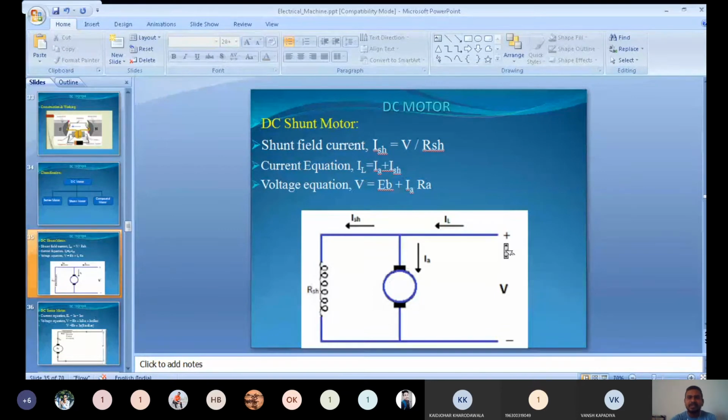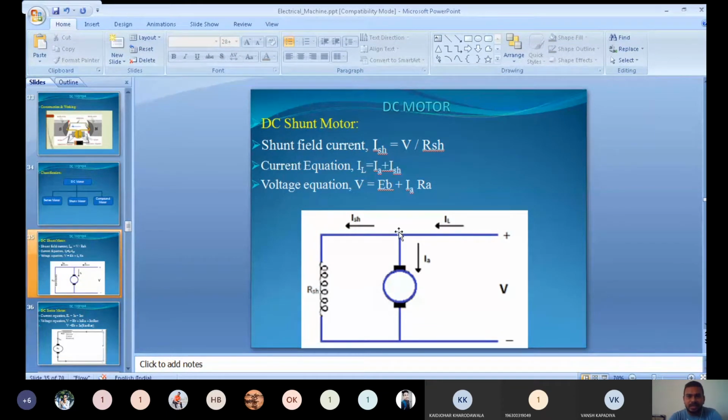Now what happens? We are giving DC supply to this DC shunt motor. As soon as the voltage is given to the motor, current flows. Here is the positive terminal, here is the negative terminal, so current flows in this direction. This current is known as the line current or the total current flowing through the motor.